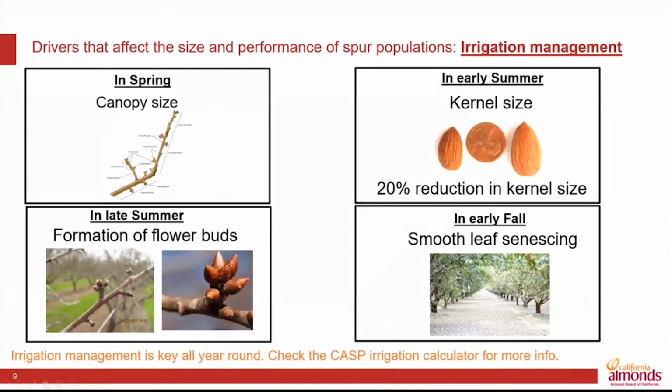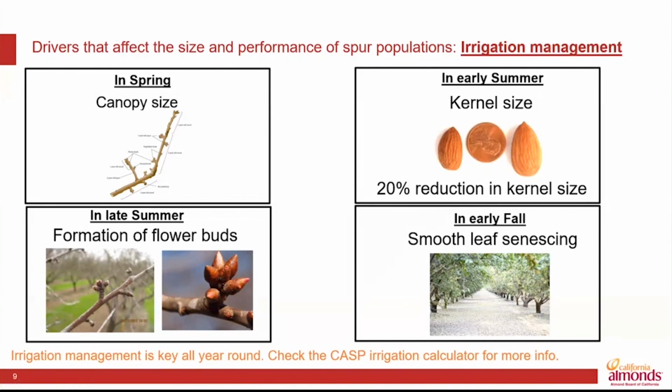So I like this picture here because it's showing what I call a smooth leaf senescing process. You can see this is right after harvest, or the trees are right about to be harvested, and the trees are going through what I call a smooth leaf senescing.